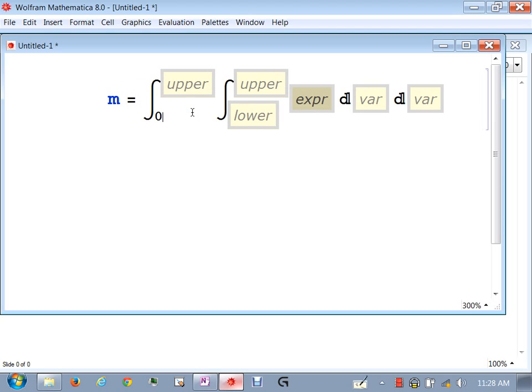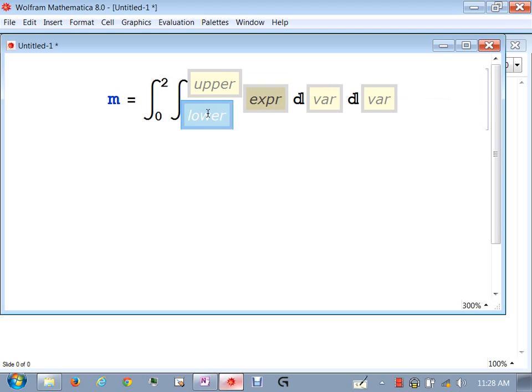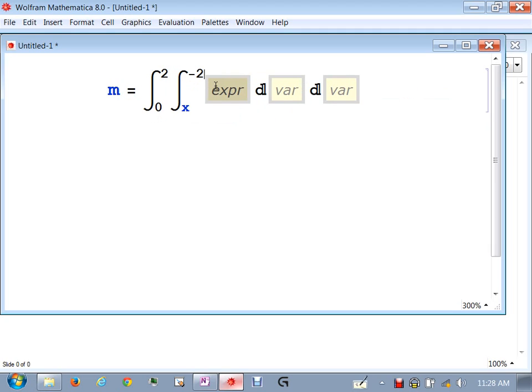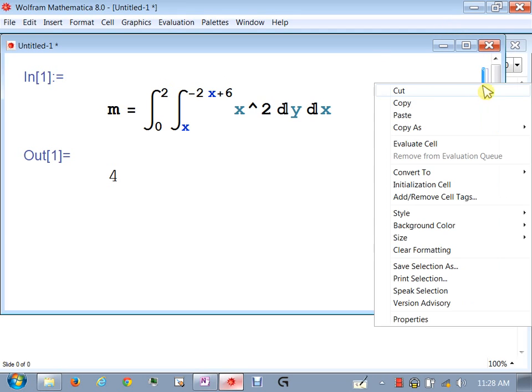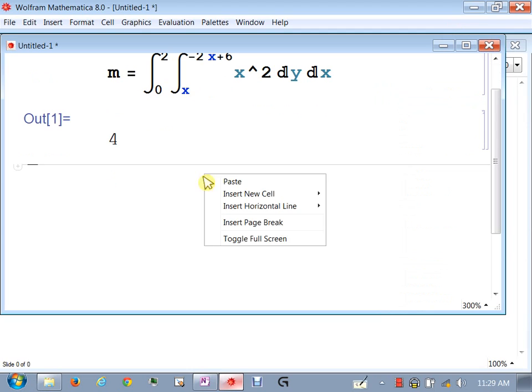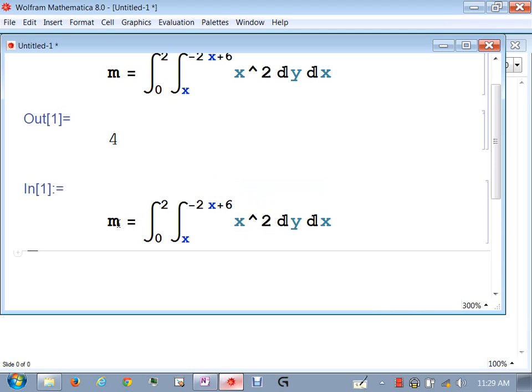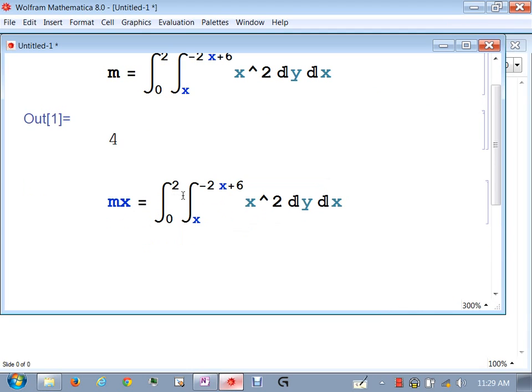I go 0 to 2, x to negative 2x plus 6, then just x squared, dy dx. 4. So the mass is 4. Now I'm going to copy this formula, paste. I'm going to call this mx. And the only difference is that I put a y in here.